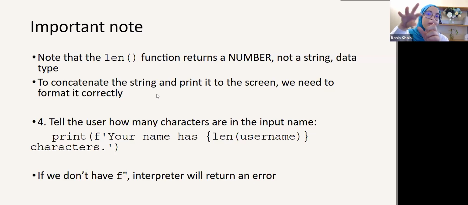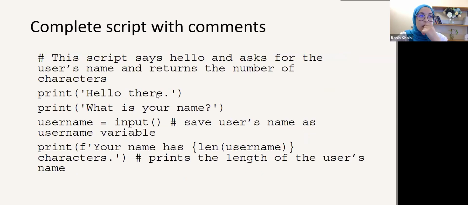If you are concatenating with that length, you will need to change the type and format it as a string. This is my note here. I will upload my script, but this is just a solution of what we were doing.